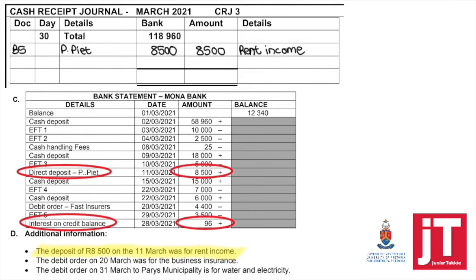Interest on credit balance, and you will see that there's also a plus. It means that we've received interest for having money in our bank account. So again, the source document is bank statement, Mona Bank, a total of 96, and this is interest on current account.